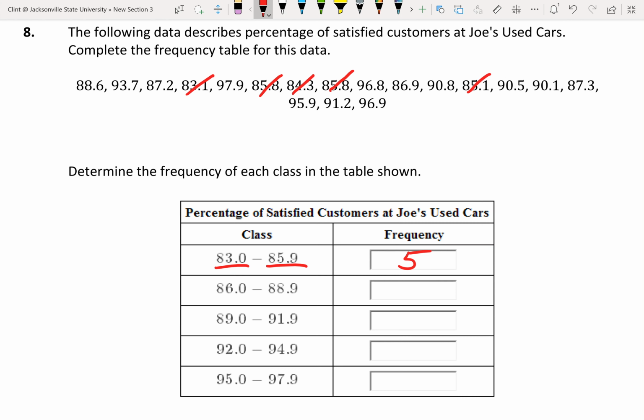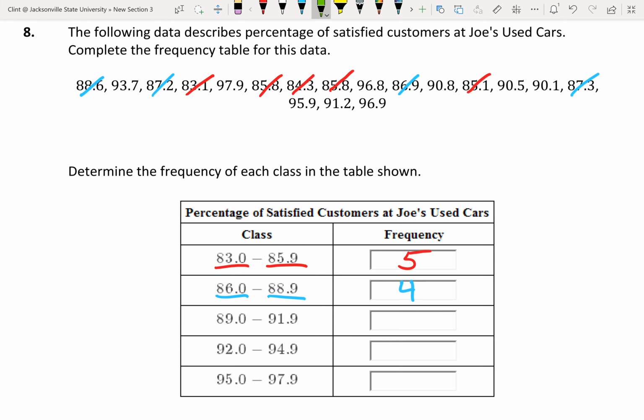Now the next one, between 86 and 88.9. Since I've got all those other ones marked off, I'm going to look for ones that are less than 88.9. There's one, one, one, one. So 1, 2, 3, 4.